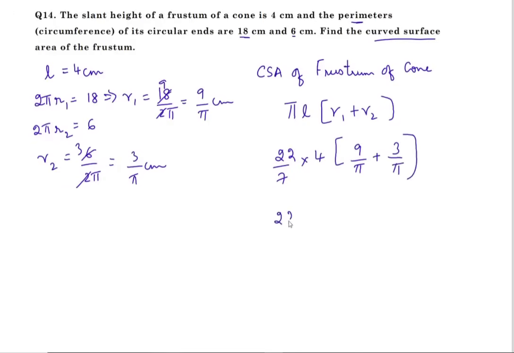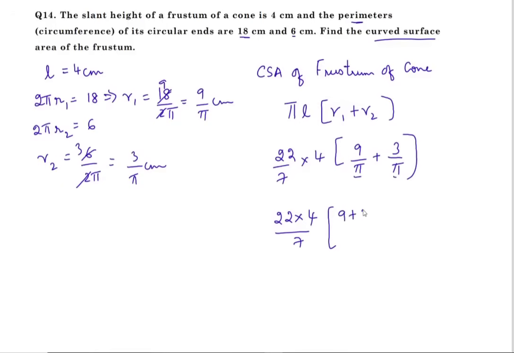Now 22 into 4 divided by 7 into, since the denominators are the same with pi value, I have not substituted the value of pi because I'll substitute it at the end so that it becomes easy. Since the denominators are same, directly you can add the numerators.